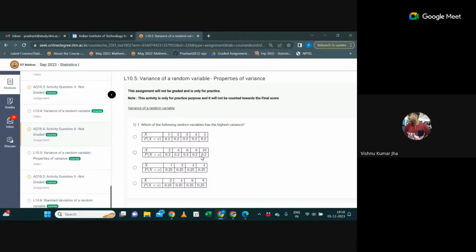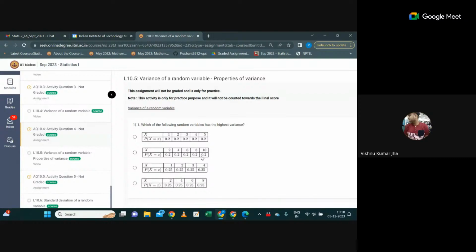Then find for all. Okay, anybody else? So I'm asking, how will you proceed? Will you find all the variances of x first, then see which value is highest, or any other approach?